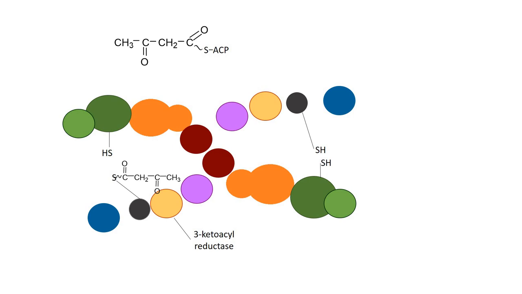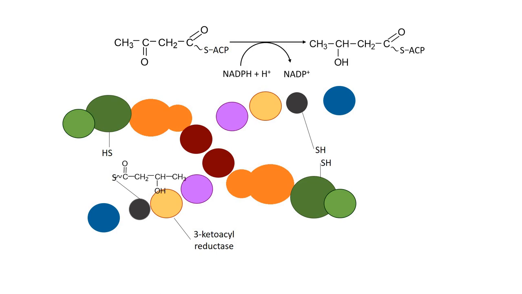After that, the keto group will be reduced to an alcohol group under ketoacyl reductase action. The coenzyme is reduced NADP. Hydroxyacyl acyl carrier protein forms as an intermediate product.